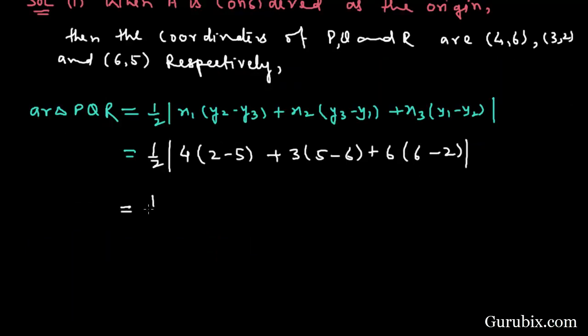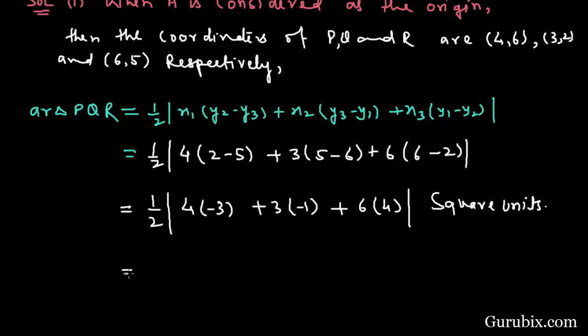So this is equal to 1/2 |4 times (-3) + 3 times (-1) + 6 times 4| square units. If we further solve it, this is equal to 1/2 |-12 - 3 + 24| square units.